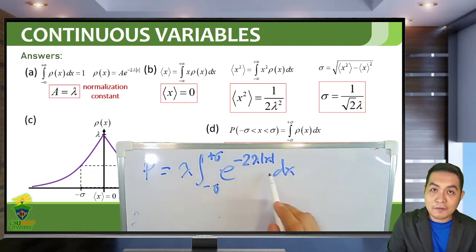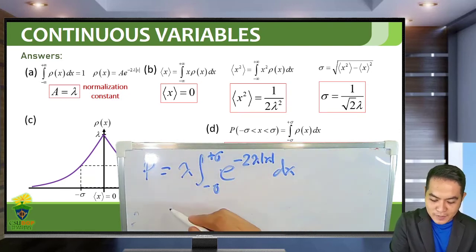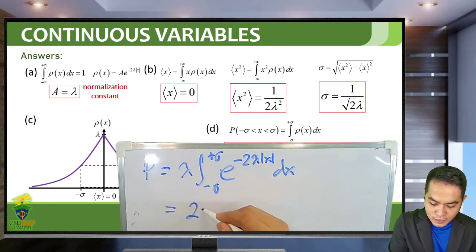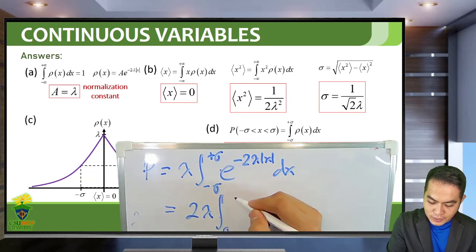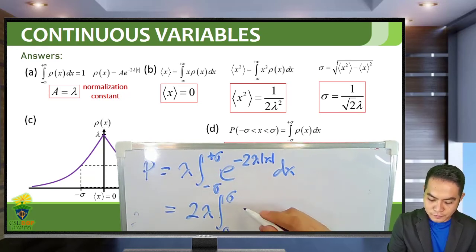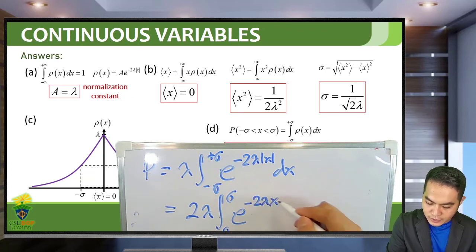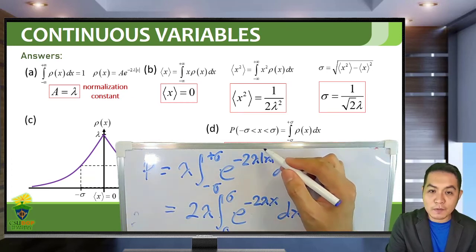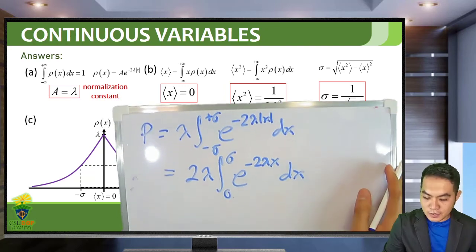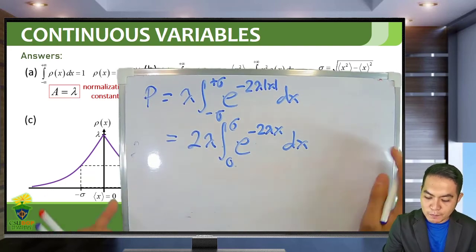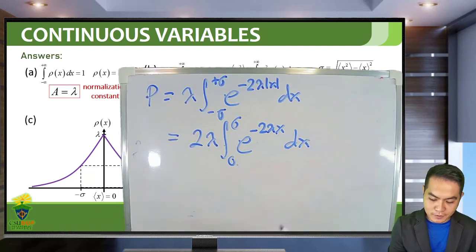Again, even integrand, even limits. Therefore, I can just integrate over half of the interval, from 0 to sigma, and multiply by 2. So e to the negative 2 lambda x dx. I no longer need the absolute value sign because I'm only using positive values of x.